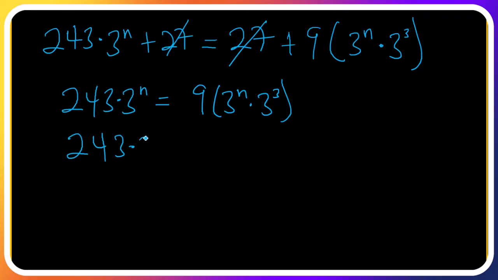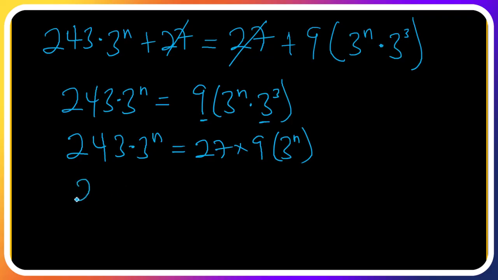243 by 3n equals 9 by 27, which is 3 raised to the power 3, by 9, multiplying 3 raised to the power n.